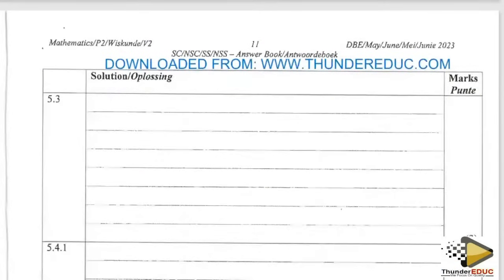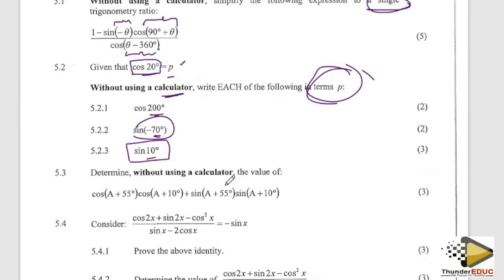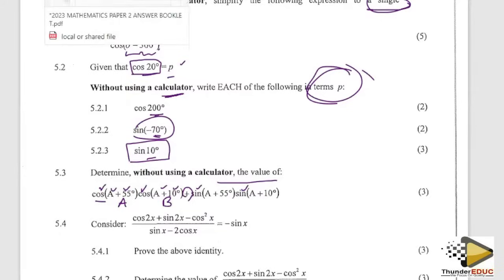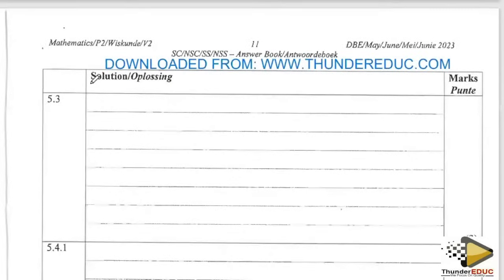All right, then 5.3. Determine without using a calculator the value of this. So this is a cos of A plus 55, A plus 10. So it's a cos, and then plus a sine. If I call the whole of this my A and the whole of this my B, this is a compound angle kind of question.